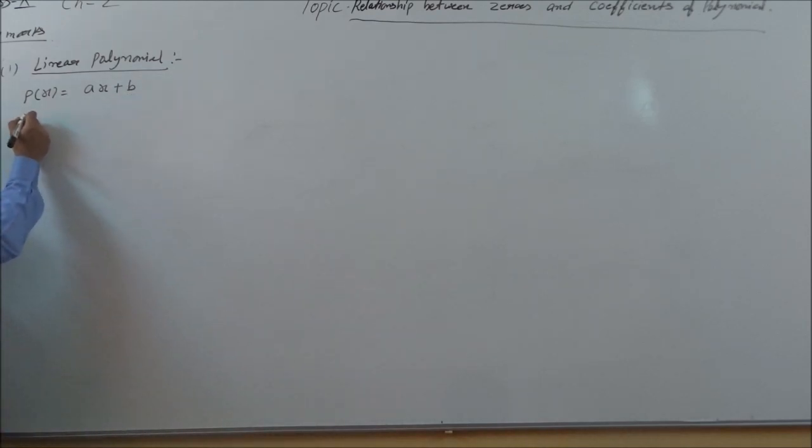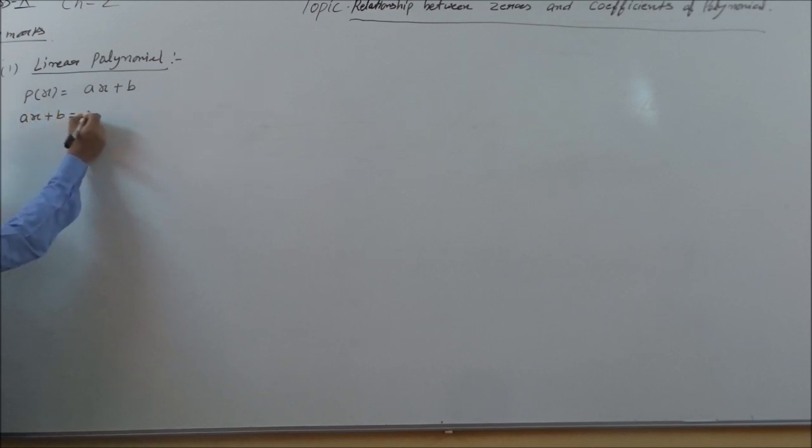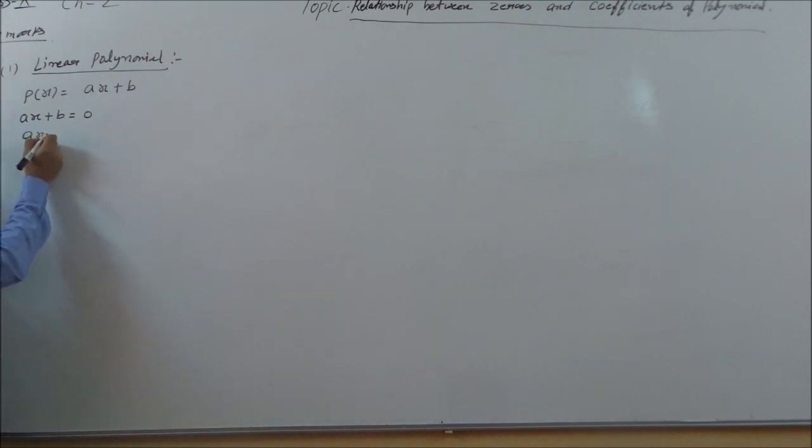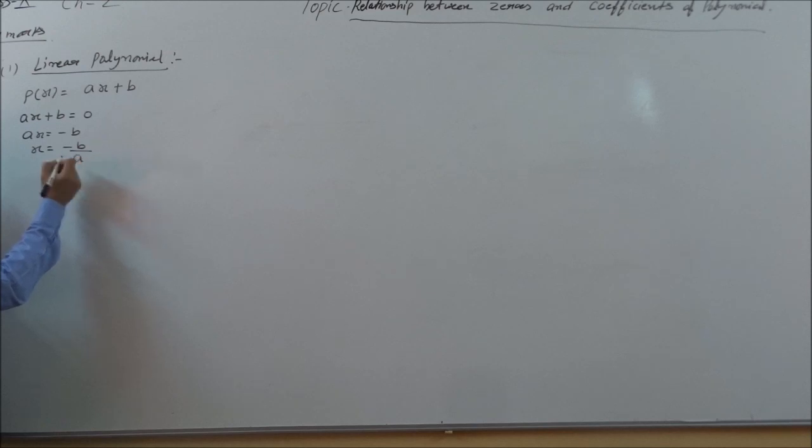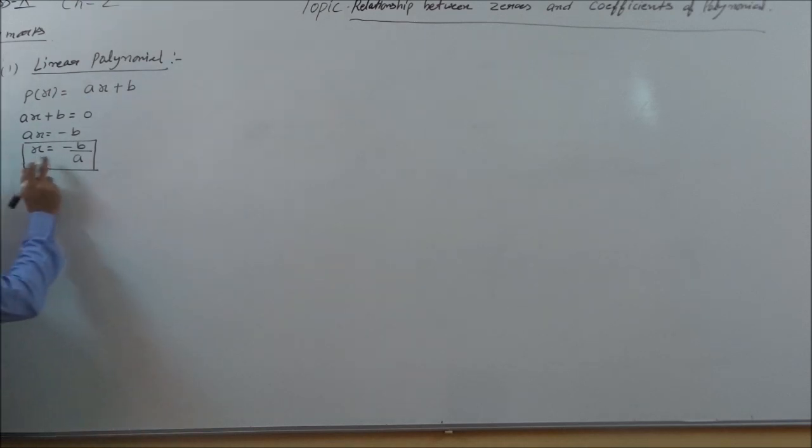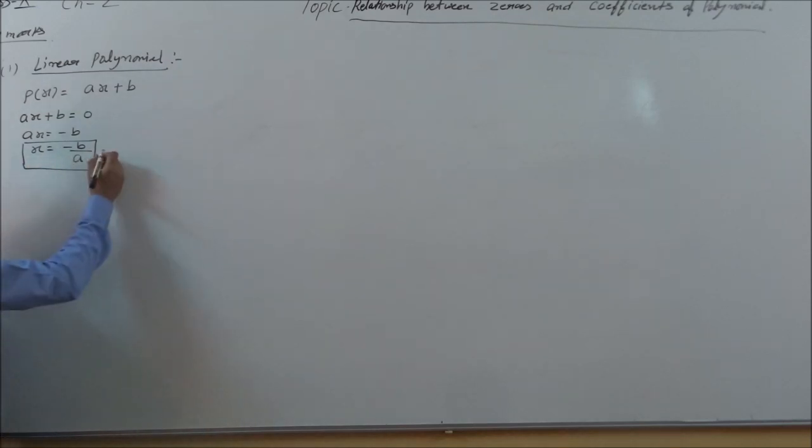So we put ax plus b equals 0. So ax equals minus b by the transposition method, and x equals minus b upon a. So this is the relationship between the coefficient and zeros of the polynomial.